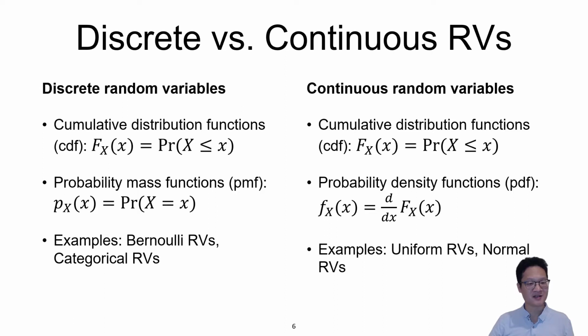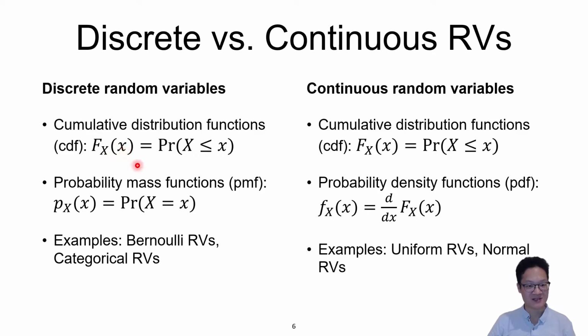And now a summary of discrete versus continuous random variables. For the discrete variables, we can use a cumulative distribution function that's defined to be this capital F subscript capital X. So capital F stands for CDF, and the capital X denotes which variable the CDF is for.